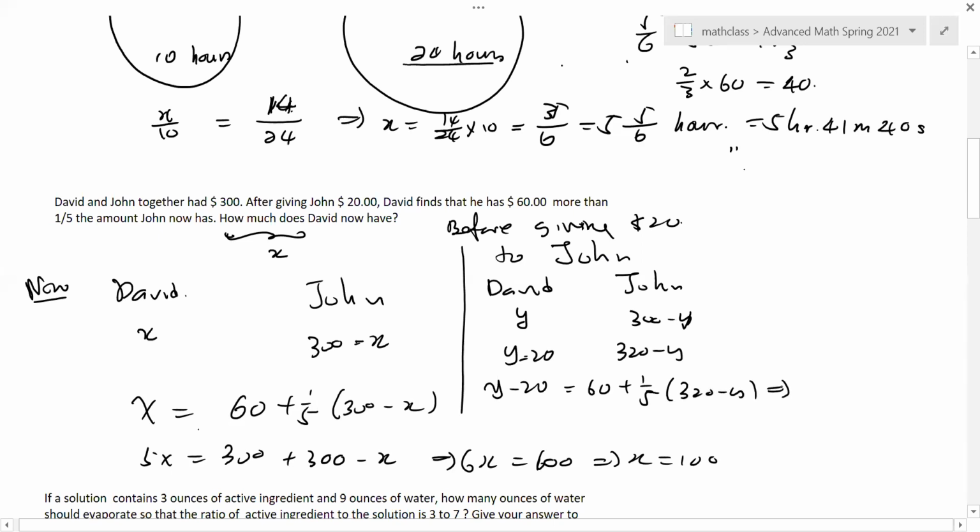But when you get the y, that is the amount of money David had before he gave the money to John. So actually it's going to be 120. Then you subtract 20, you still get $100, because we're asking how much David has now after he gave $20 to John.